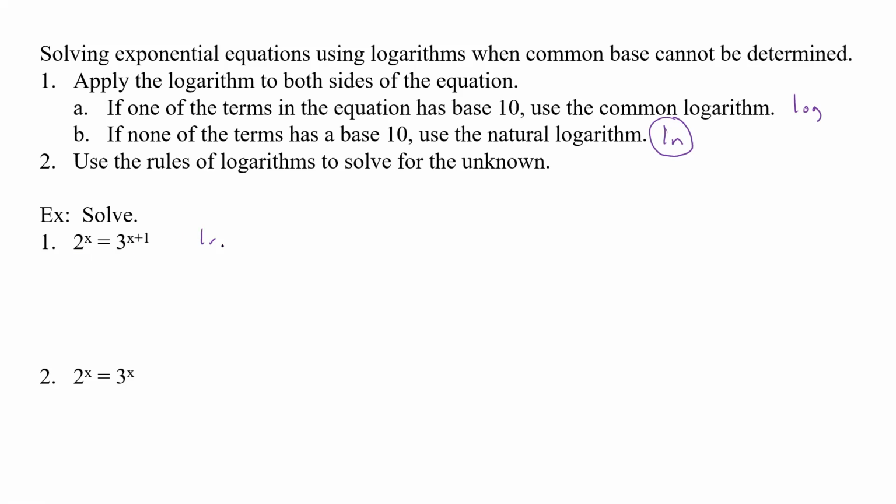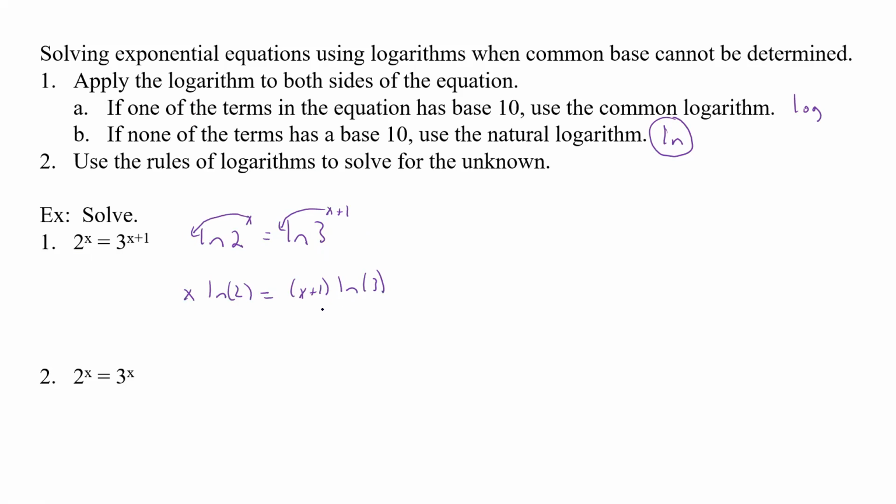But what we're going to have is ln of 2 to the x equals ln of 3 to the x plus 1. Now, what did I do on the other one? Remember, I just bring down my exponents here. So that's x ln of 2 and then equals x plus 1 times ln of 3. Okay.